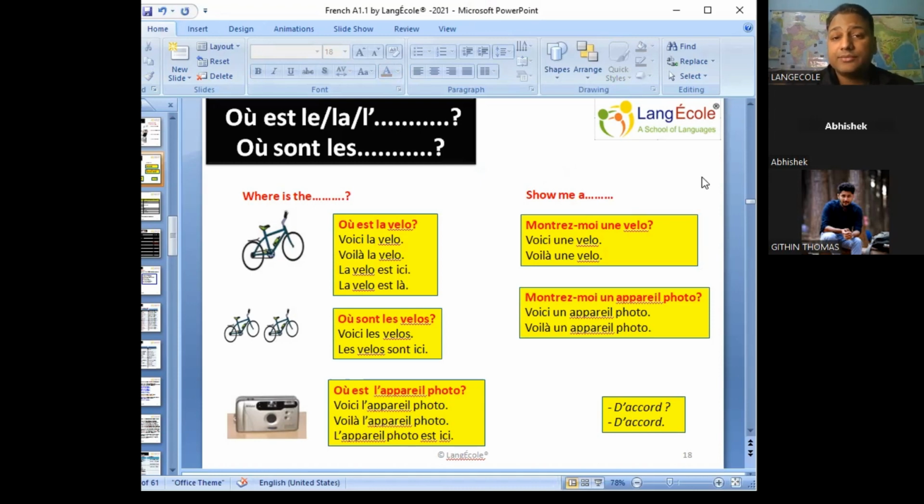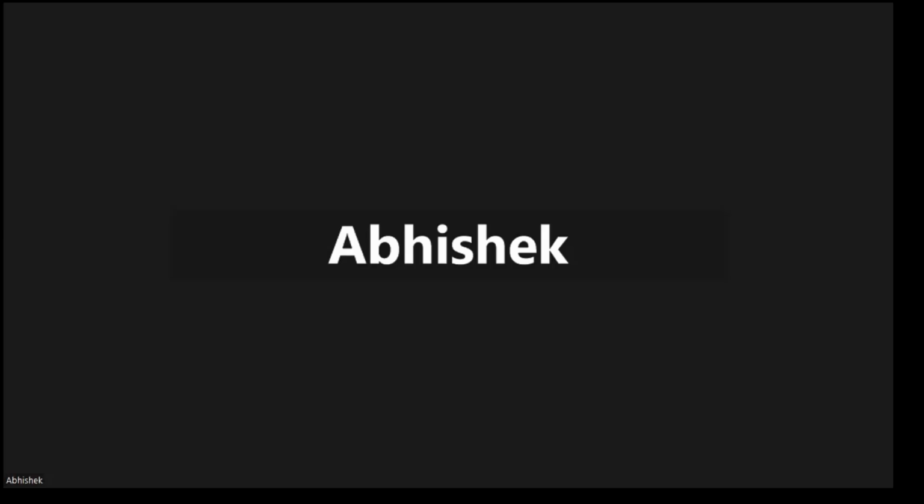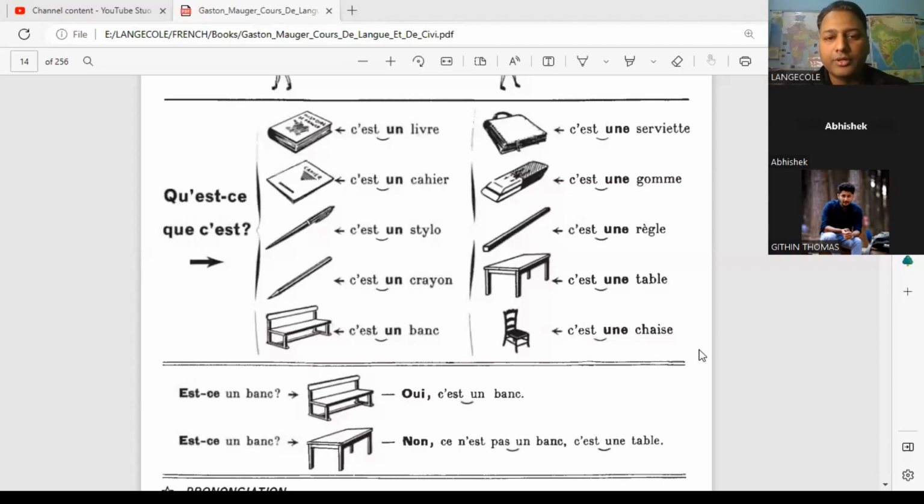Now, these two sentences you have learned. Now we will do a little bit of practice. So let me stop sharing this one and let me share an excerpt from the Mauger Bleu book. This book is a very old version. I found a PDF online which is freely available.